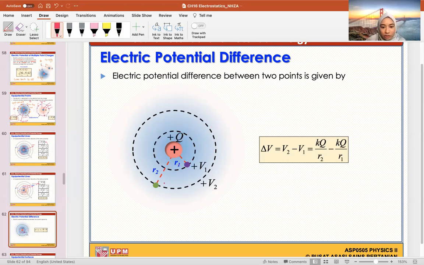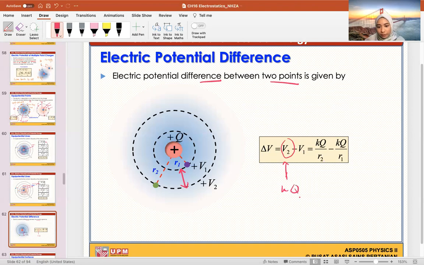Okay, so let's look at this situation. We have a test charge. Electric potential difference between 2 points is given by, so we want to know what is the potential difference between V1 and V2. So delta V, V2 minus V1, is KQ over R2, because this relates to V2.